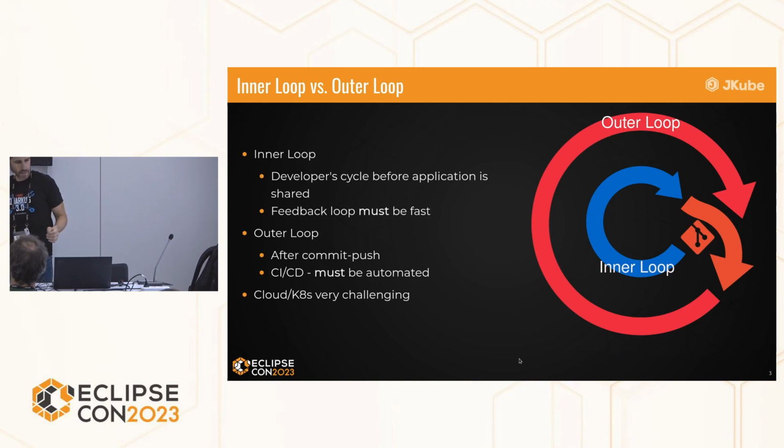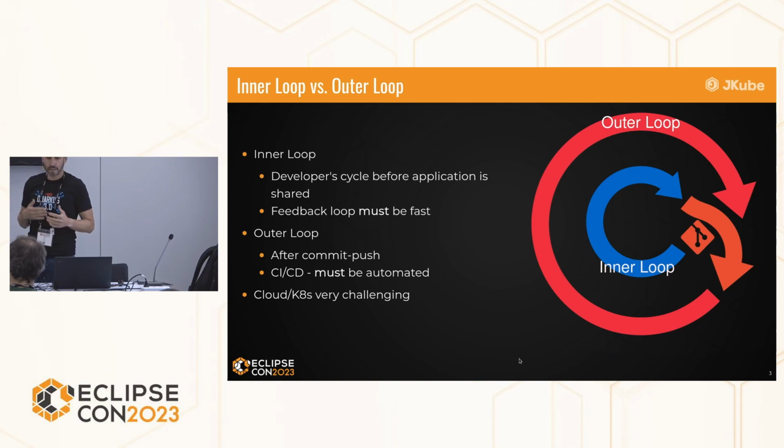On the other hand, the outer loop is the cycle that the code goes through once the developer has shared the changes with the rest of the team. So it usually happens once the code is committed and pushed to the version control system. This cycle usually involves building the application, deploying it to a testing environment, passing automated tests, compliance and security auditing, and maybe, in the end, deploying it to a production environment.